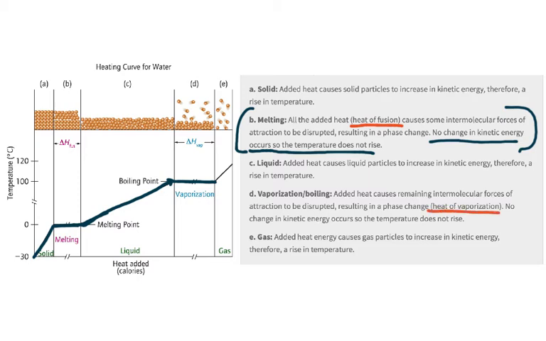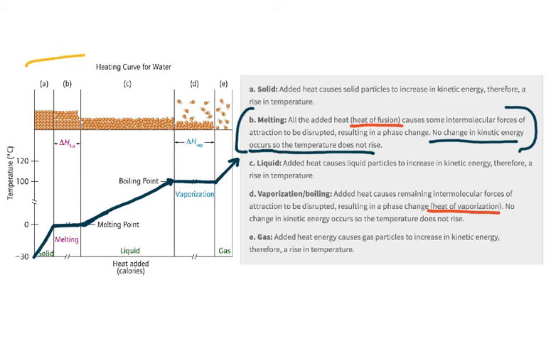But again, that heat energy being added is going towards disrupting intermolecular forces of attraction. It's not changing the kinetic energy. There's no temperature change. And then we see now we just have a gas, and as heat is added, the temperature goes up.